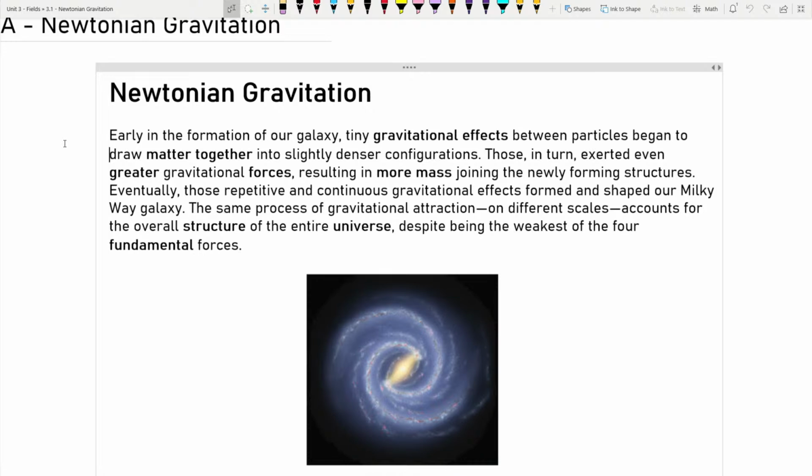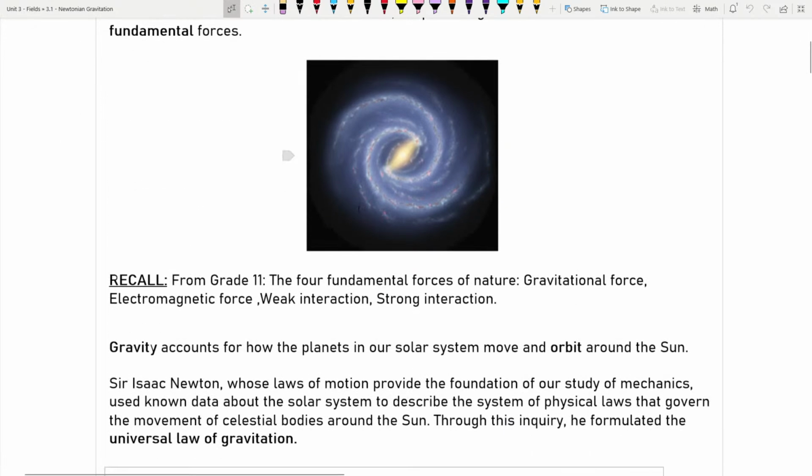But we'll get to that. Actually, we'll get to it right now. So if you recall, there's the gravitational force, the electromagnetic force, the weak interaction, and the strong interaction. Gravity is obviously attraction between masses. Electromagnetic force exists between particles that have charge.